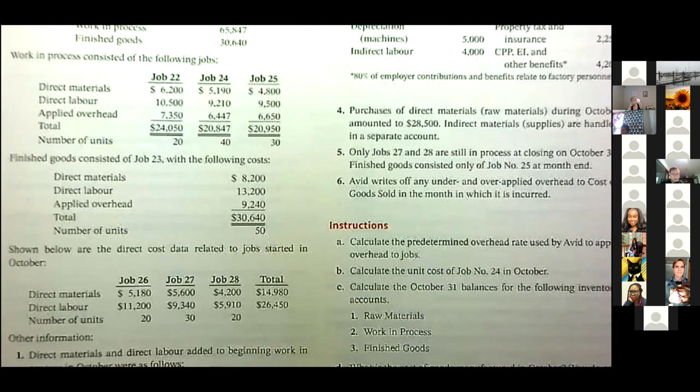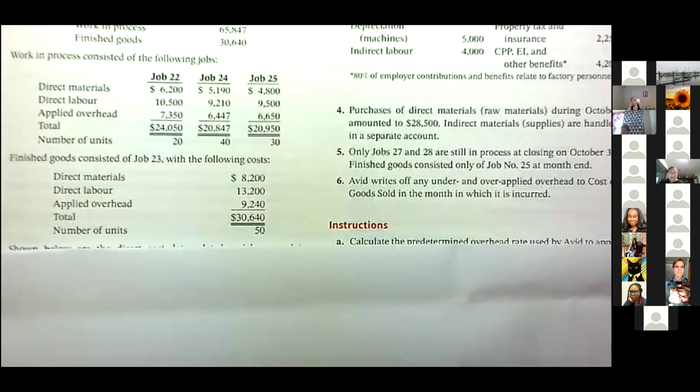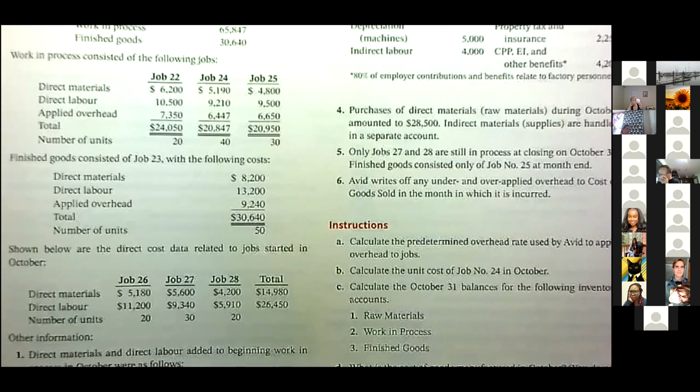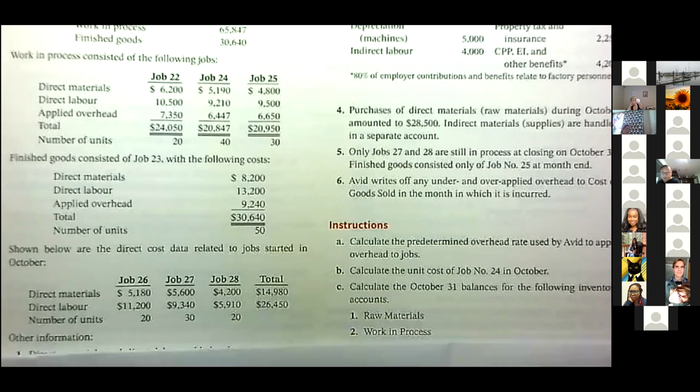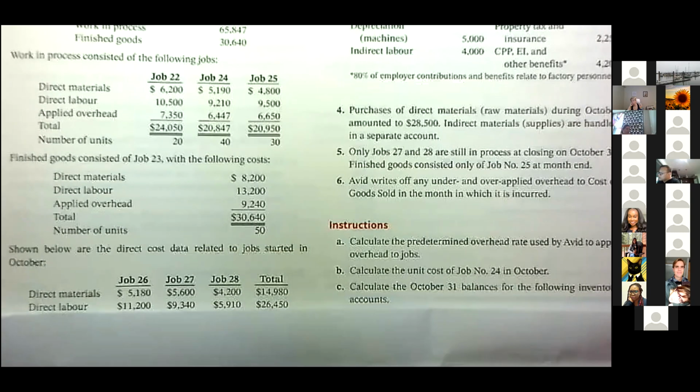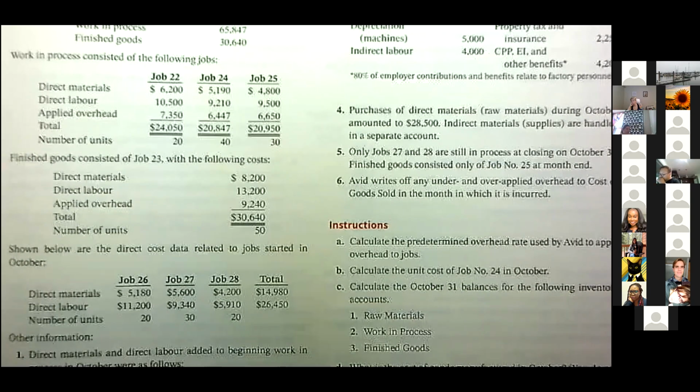Do you divide the total, 20,847, by 40? By 40, yeah. Okay, I understand. But does anyone have a question on this? Here it says work in process, and we are asking the unit cost of job number 24 in October. I think we need to add up the total cost first and divide it by the number of units. But we have the total cost.